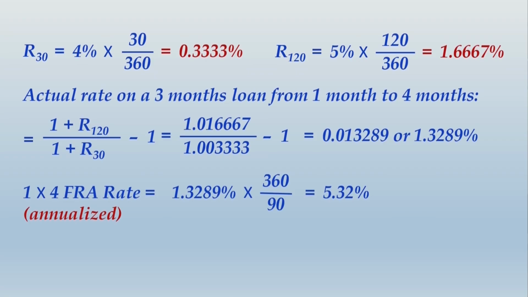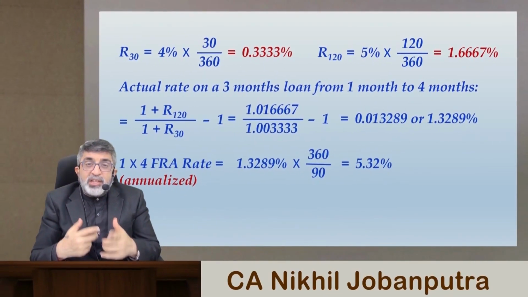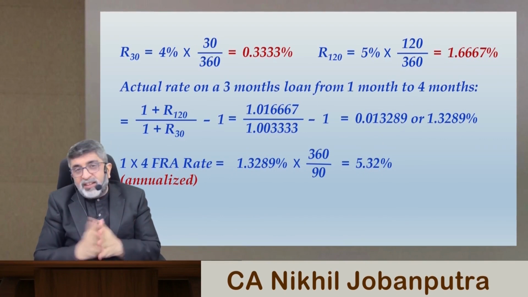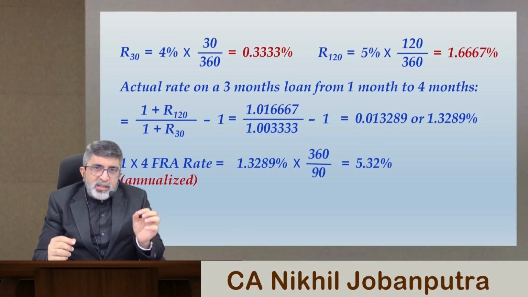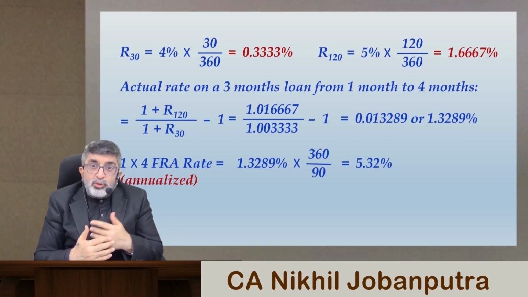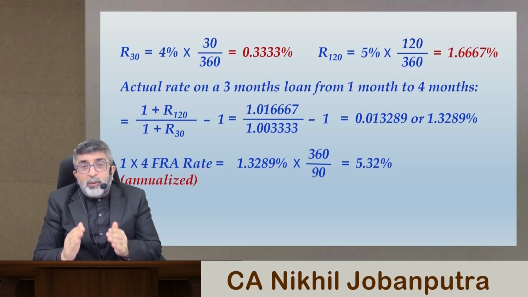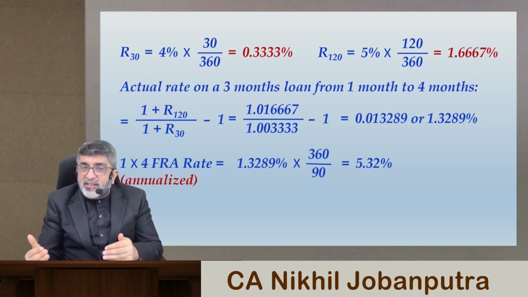And in money market, we generally follow the convention of 30 by 360. You know what it means? It means that we assume that there are 30 days in a month and there are 360 days in a year. So every month will be considered equivalent to 30 days and a year will always be taken as 360 days.